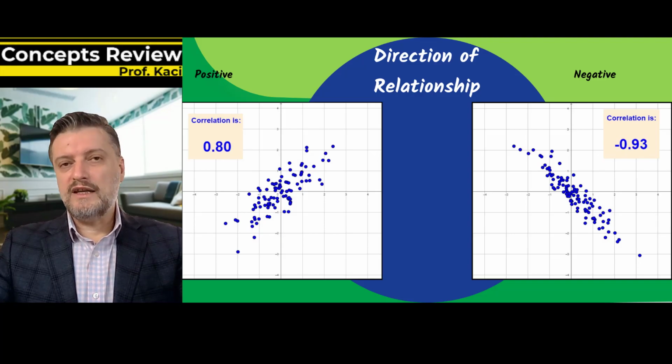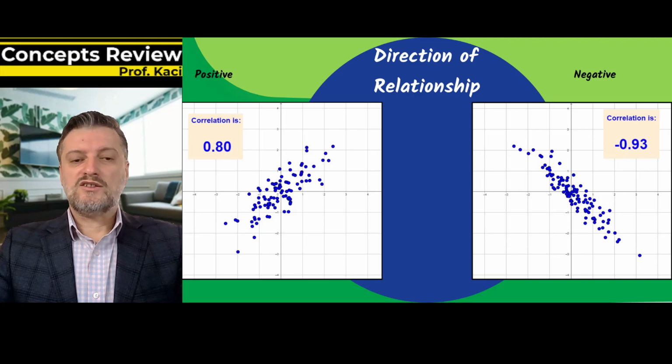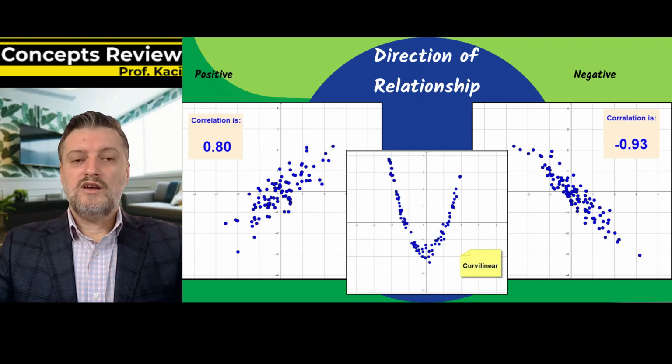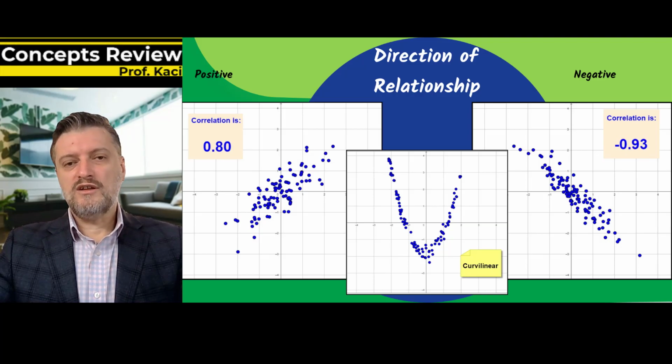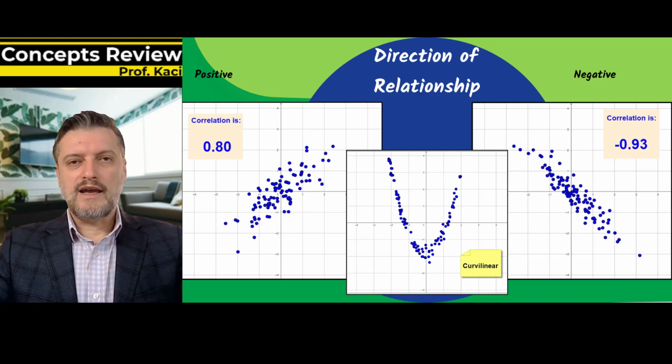These are called linear relationships. But the pattern of relationship can be more complex than this, such as curvilinear relationships, etc. We will be using statistical software to conduct these correlation tests, such as Pearson R coefficient, or other measures of association, such as lambda, gamma, etc.